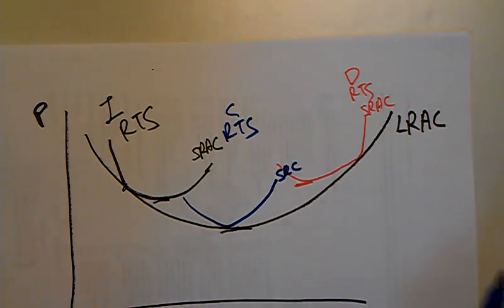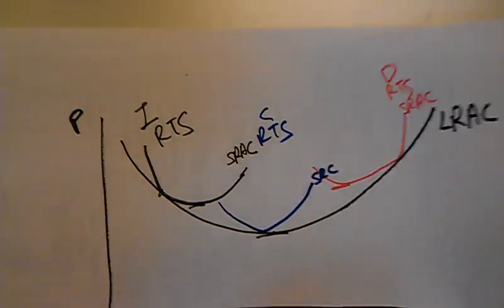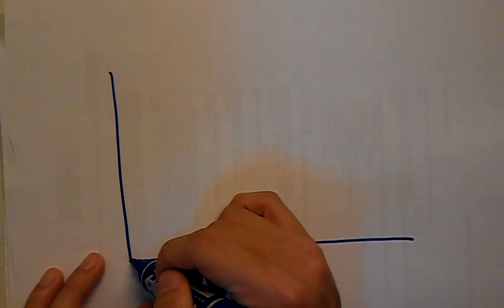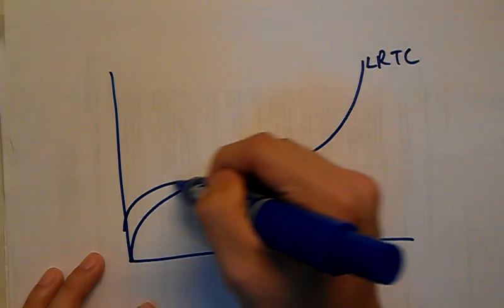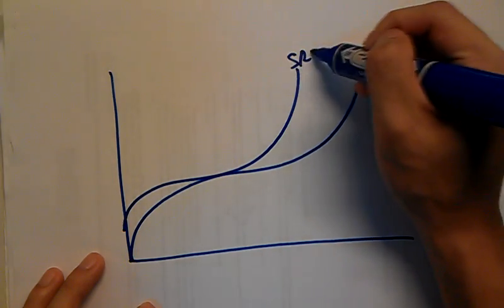This part is crucial because before we draw the graph, this is the first thing that you must do. Next, cost curves are derived from the total cost curves, and the total cost curves look something like this: long run total cost and short run total cost.